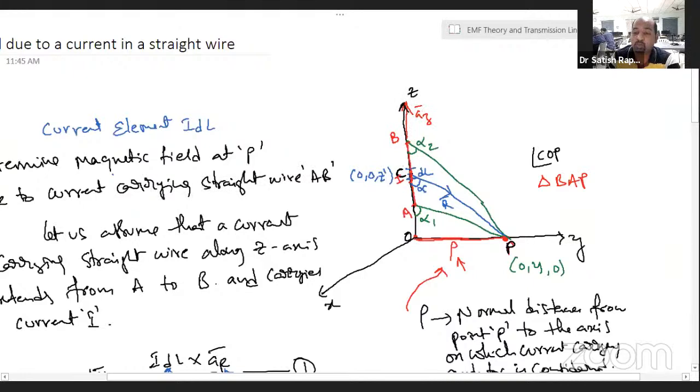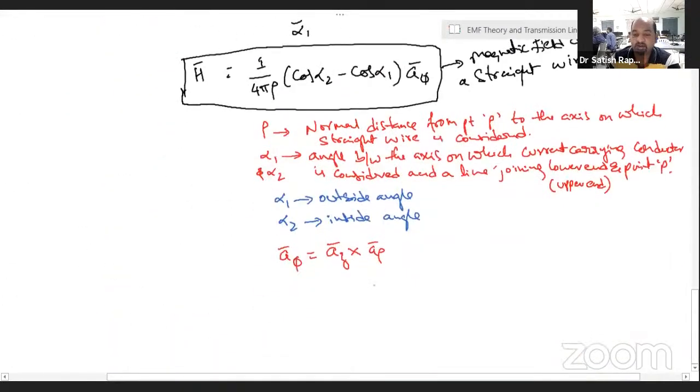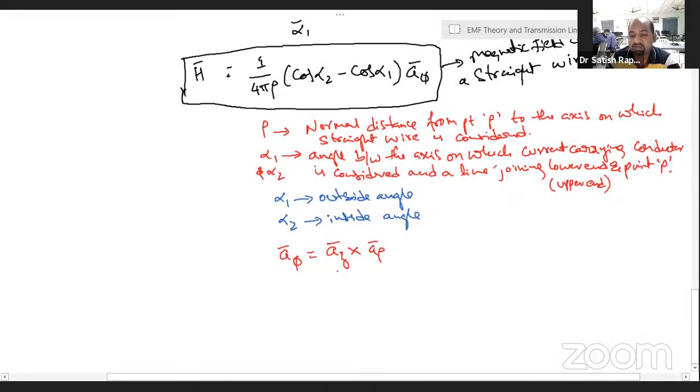Along the increasing current. What is the direction of current? This is the direction of current, right? So therefore, az bar is nothing but the direction of current.